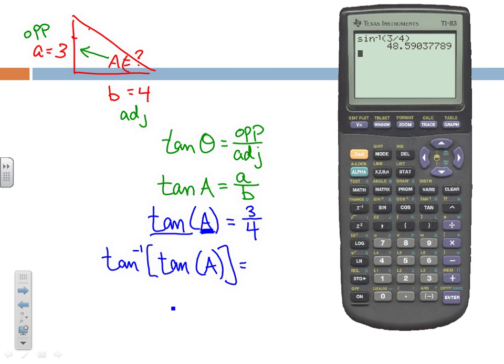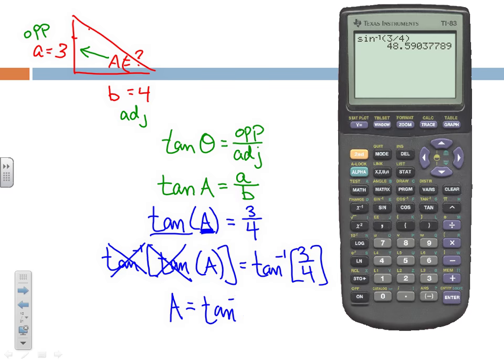And anything I do to the left side, I have to do to the right side as well. That keeps it equal. And so now I'm going to take the inverse tangent of 3/4. Over here on the left side, tangent inverse cancels with tangent, leaves me with just angle A is equal to that inverse tangent of 3/4.